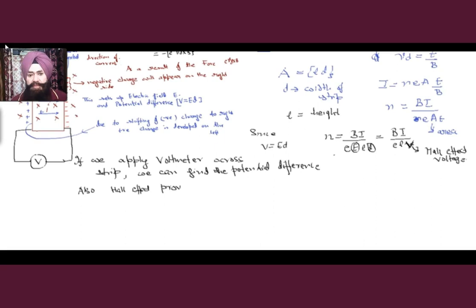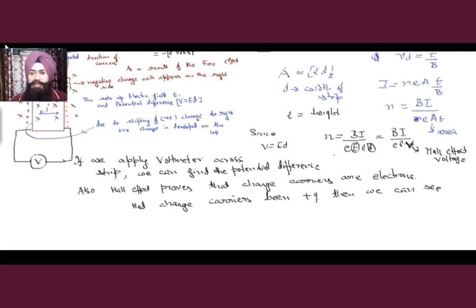And also the Hall effect proves that charge carriers are electrons, or the charge carriers are positives. We can see from the same magnetic field and current applying.